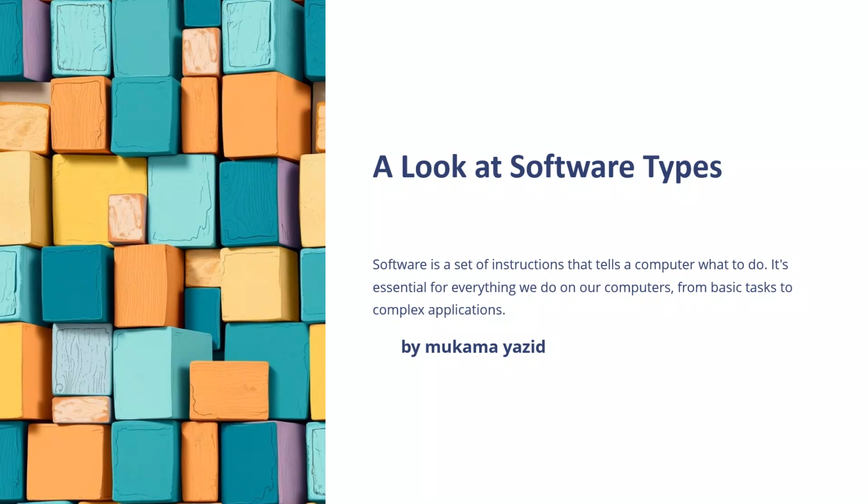As for today, we are going to talk more about software. Software is a set of instructions that tells a computer what to do. Which means we cannot see it, we cannot touch it, we cannot feel it, but it is there to help us as users, to link the user and the computer.